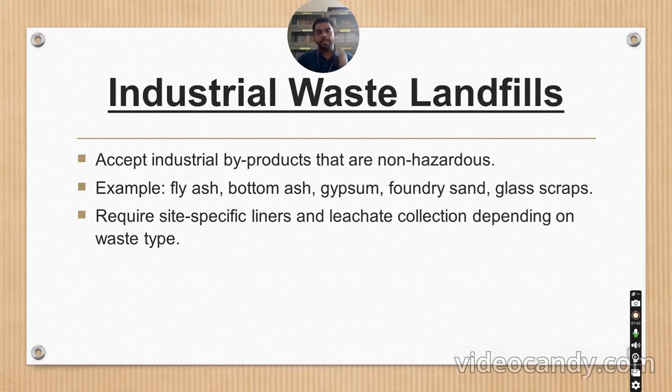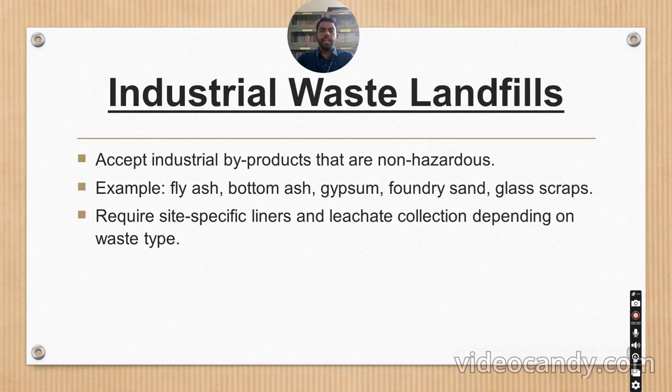Examples are fly ash, bottom ash, gypsum, foundry sand, and glass scraps. These all come from industry.